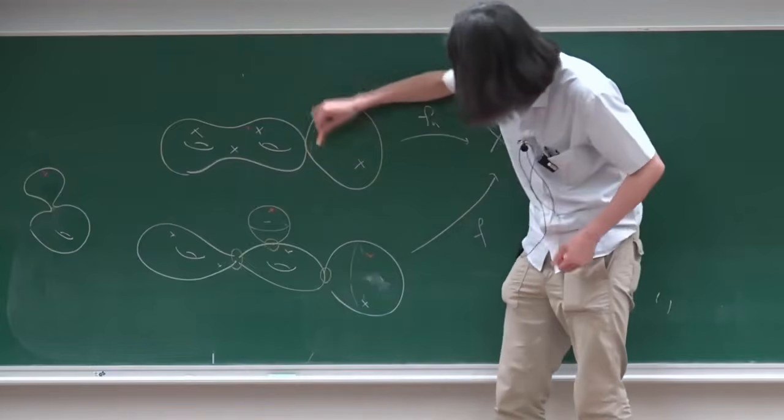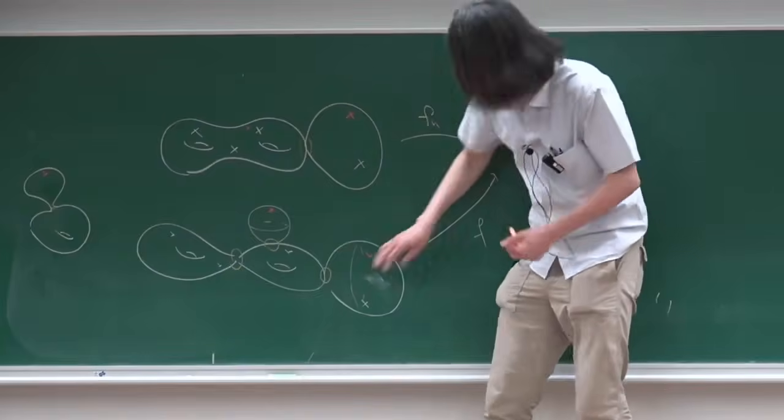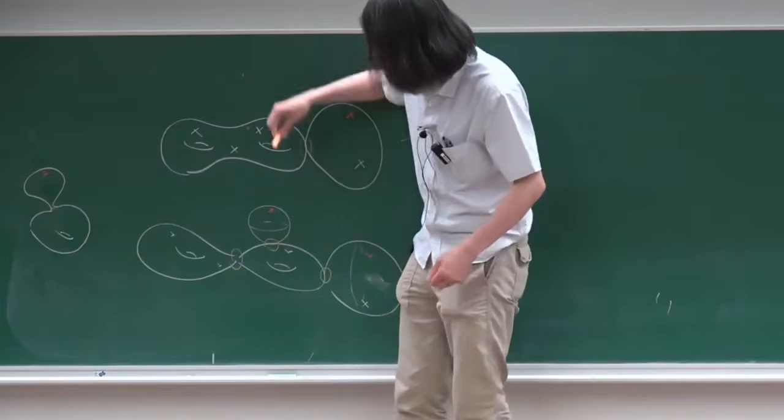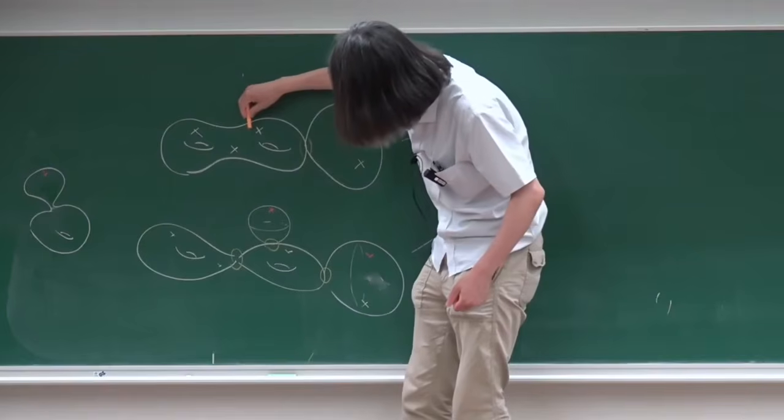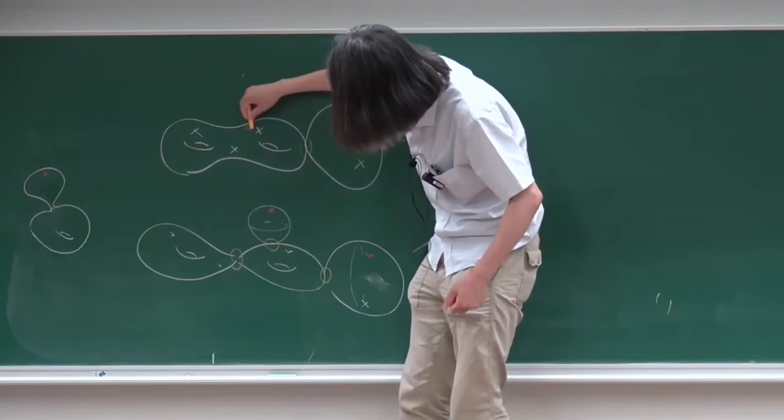So if we just remove some part of this, then this is this. And here it's not so easy to see, but here I have something like this, right?